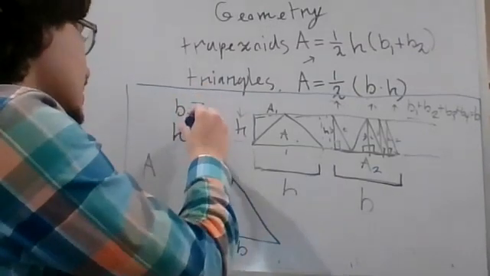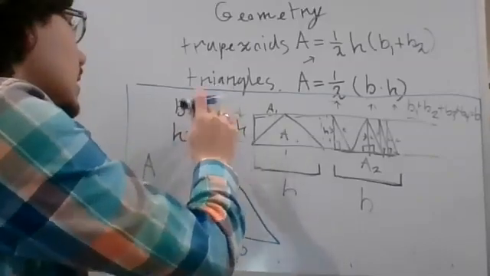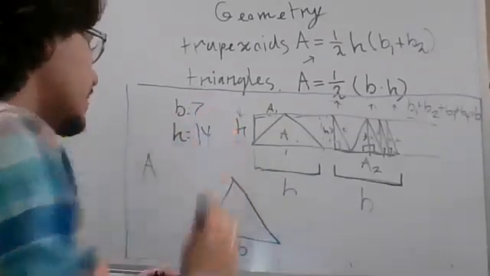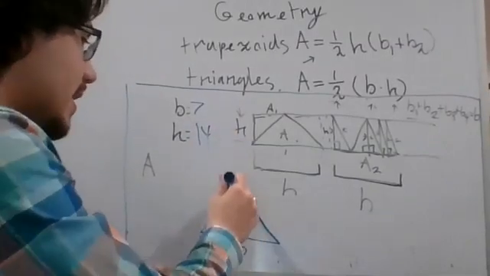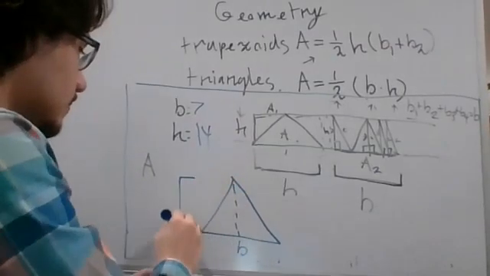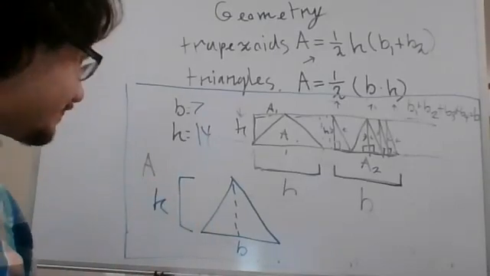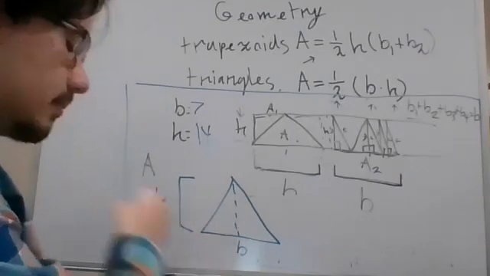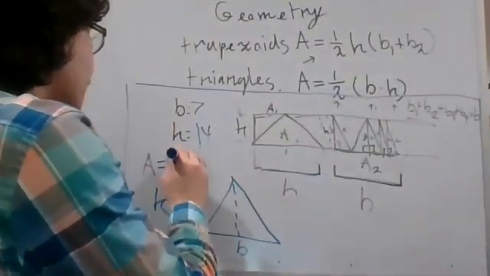Let's say that base is 7, and let's say this height was 14. We have a triangle of this base and this height. So we know that the area is 49.